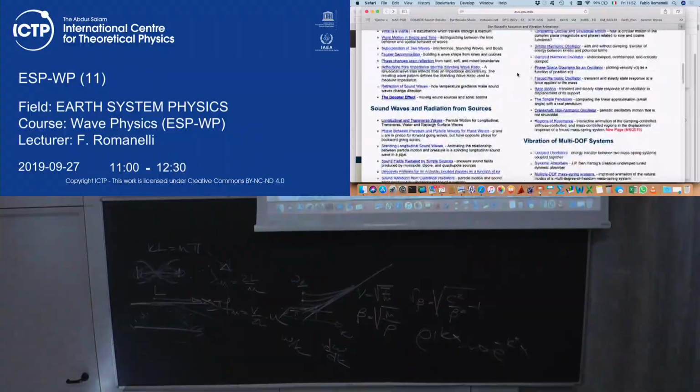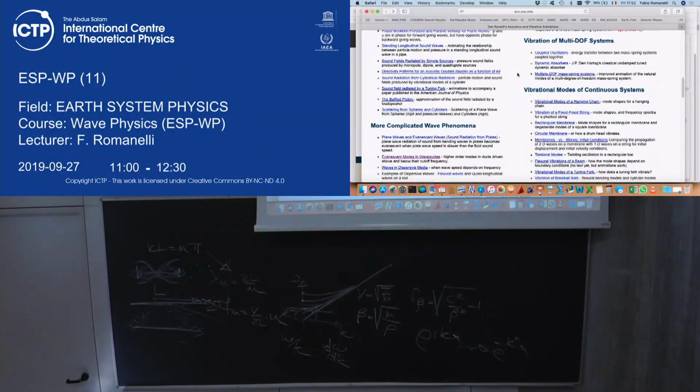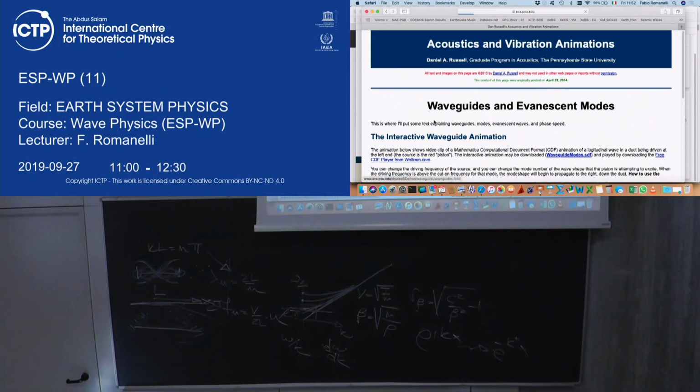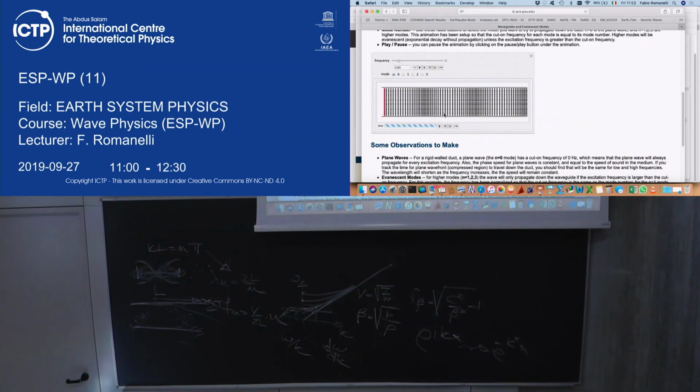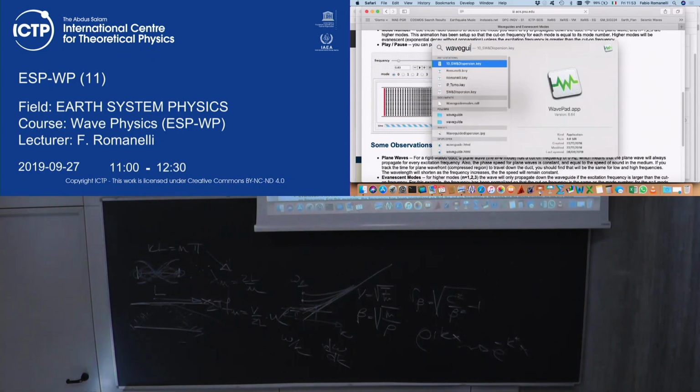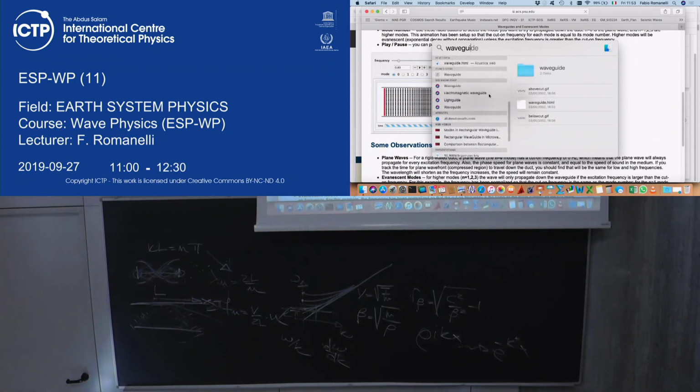If you look for waveguides, you will see this one. Now, this is using Mathematica Player. And on the browser, I cannot open it. Maybe it's my problem. So what I did was something a little bit obscure, but I downloaded it. Where is it?